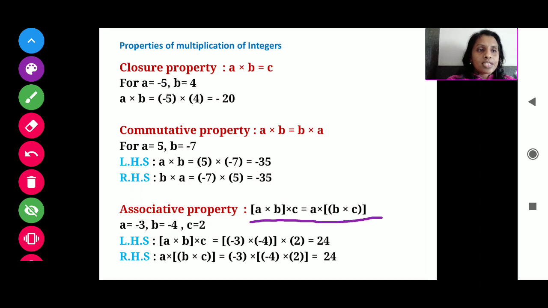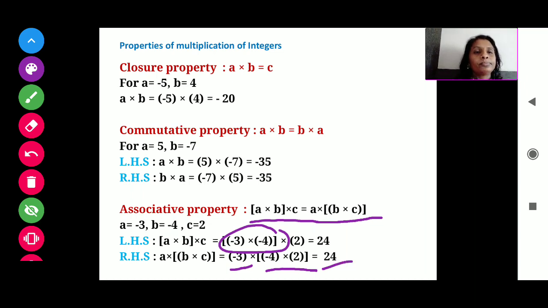First you have to simplify the terms in the bracket. So we will multiply this. Minus 3 into minus 4 will be 12, and 12 will have a positive sign because there are 2 negative signs. So 12 2s are 24. Now minus 4 into 2, our answer will have a negative sign, minus 8. And here it is again a negative sign, so 2 negative signs. So minus 8 into minus 3 is equal to 24.